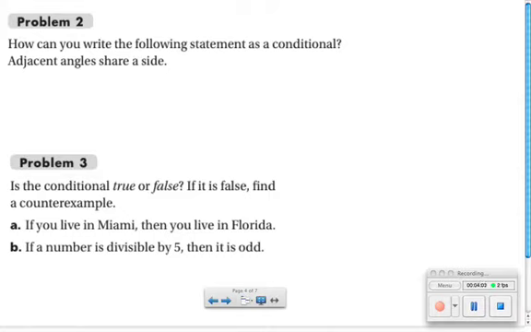When a statement, like the one in problem 2, is given to you not in if-then form, and you're being asked to put it in if-then form, what might be helpful to you is to think of the subject of the sentence as the if. And basically everything else is the then.